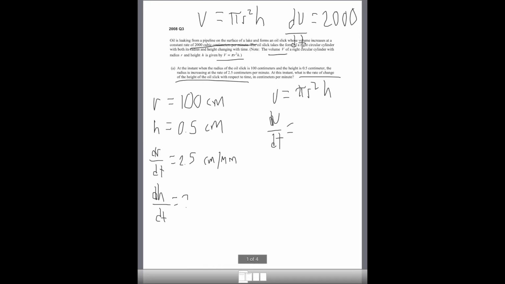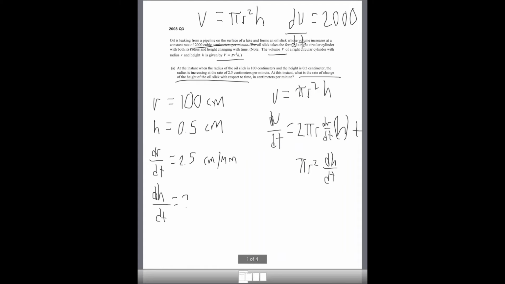So that just becomes 2 pi r dr over dt h, because that's the second part, plus pi r squared dh over dt. Julia, do you get that? Do you understand that derivative? I think so.